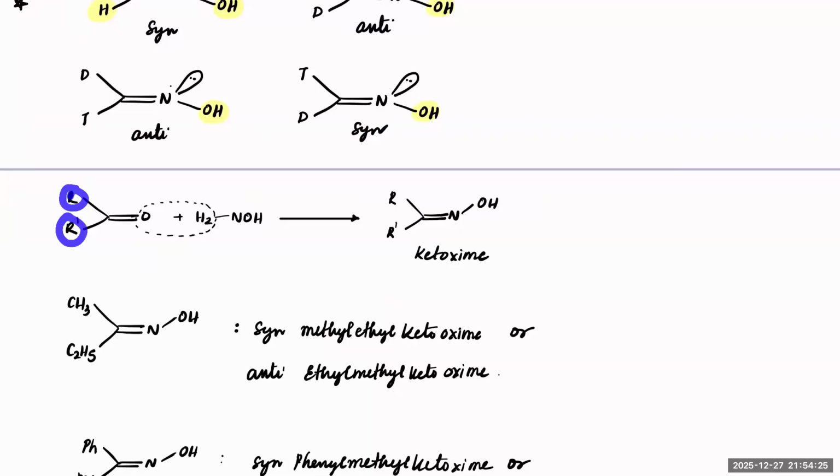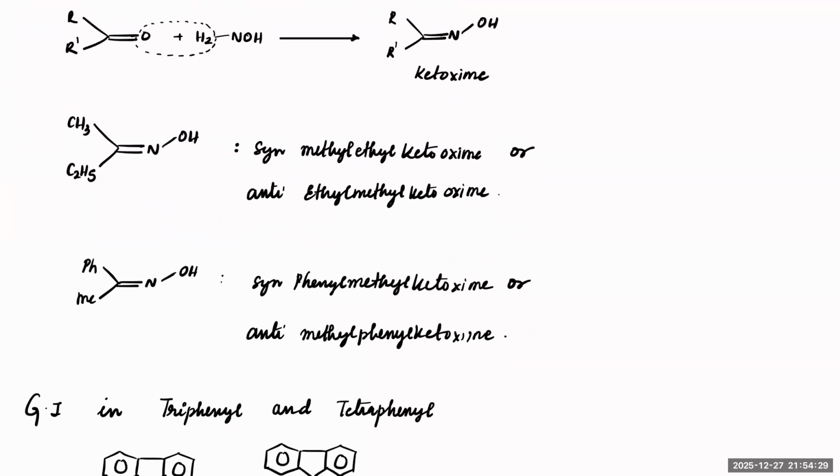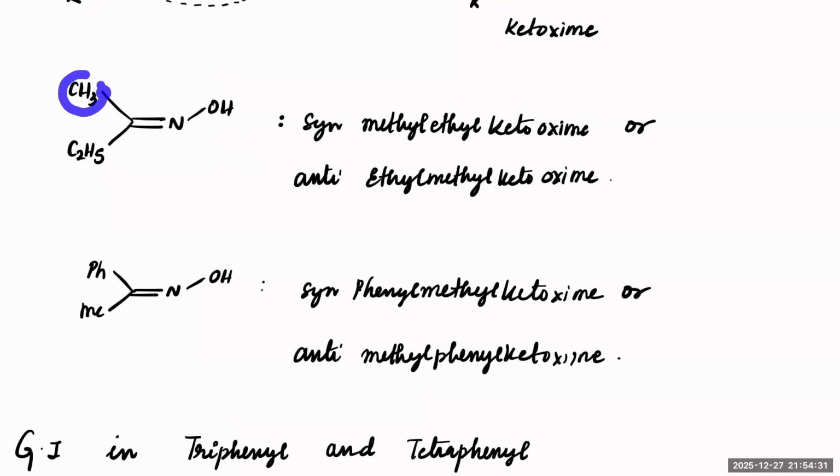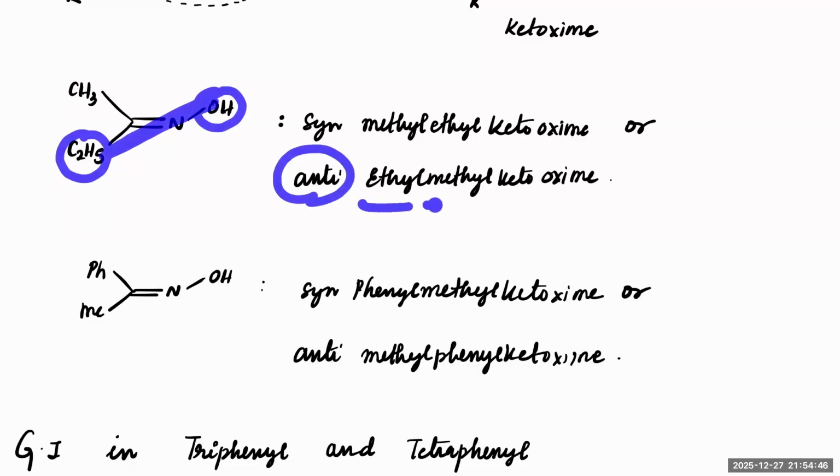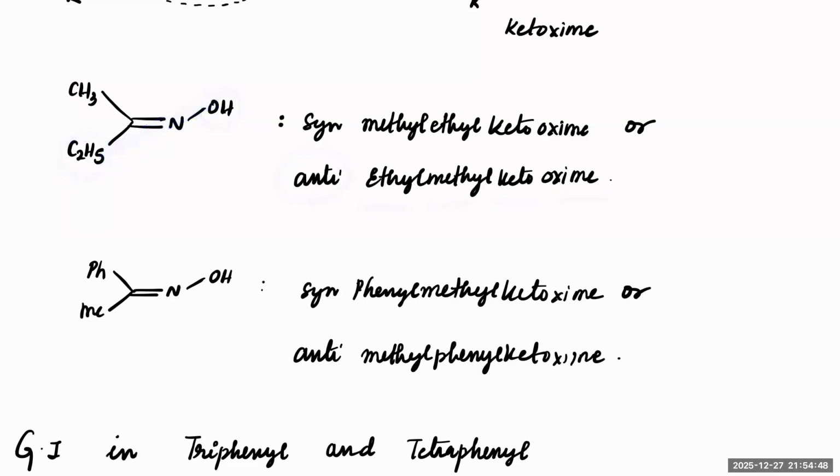If you have two different alkyl groups, that is called ketoxime. In ketoxime, you can read it like this. If this methyl and OH are on the same side, you call it syn methyl ethyl ketoxime. Or I can read it as ethyl and OH are in the anti form, so you can write it as anti ethyl methyl ketoxime.